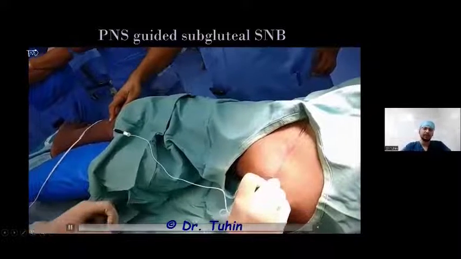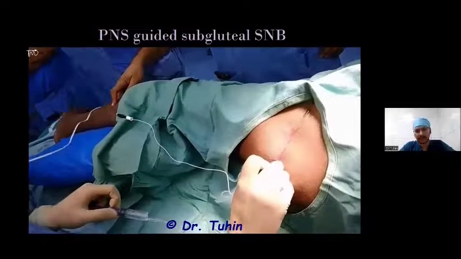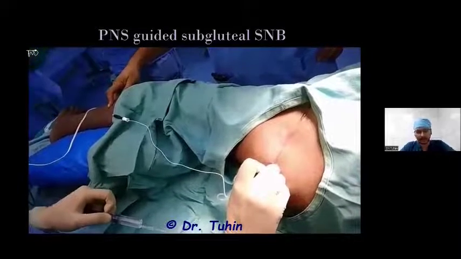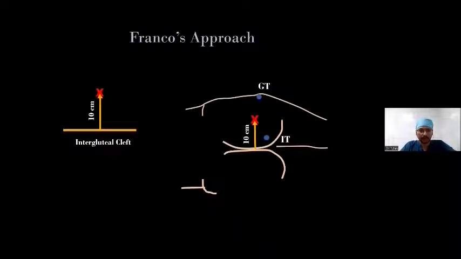Even in obese patients, you can easily palpate the greater trochanter and the ischial tuberosity. If in case you cannot palpate these two landmarks, then you can go for Franco's approach. That is a very simple approach at the mid gluteal level.